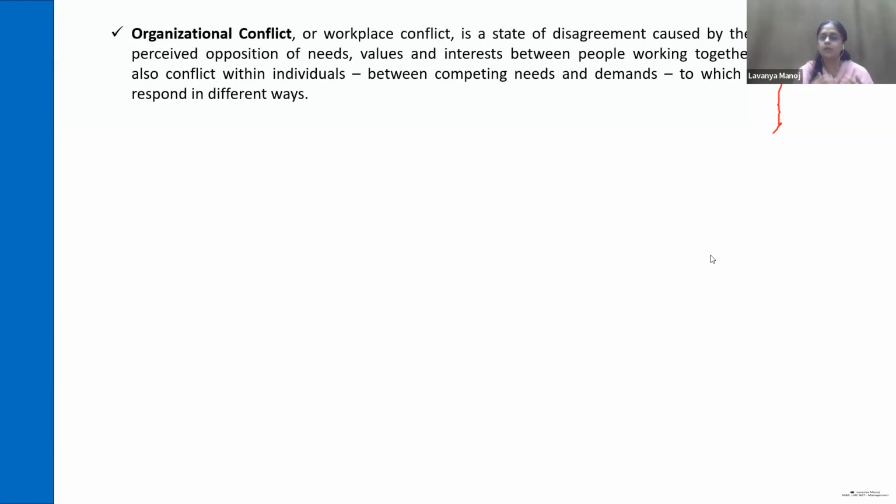They may feel, no, this is not the right place where I should be, or am I going in the right direction? Will it take me to the level which I am longing for? These kinds of conflicts are called intrapersonal conflict, that is within the employee, within the individual.